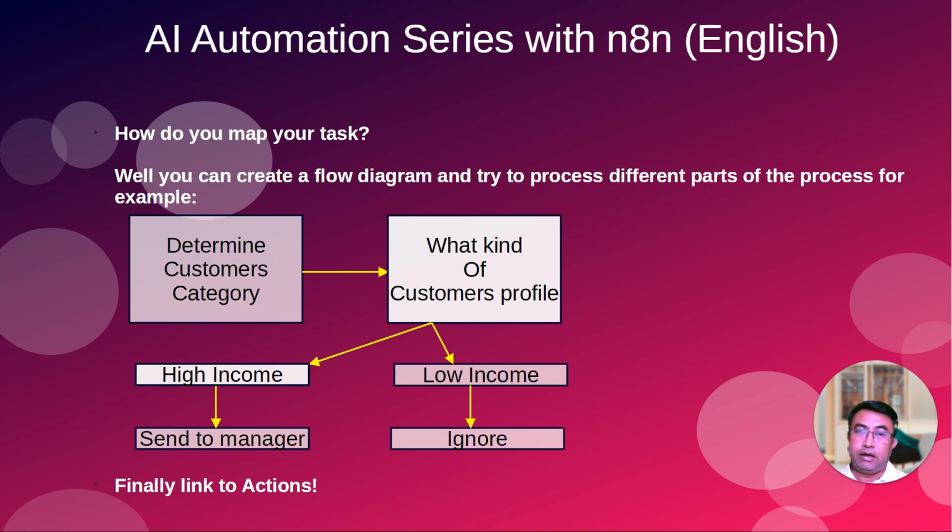And if it is low income, say management told to ignore it. This is the map of the flow diagram which you need to write in order to get the complete flow of the task of what you want to achieve.